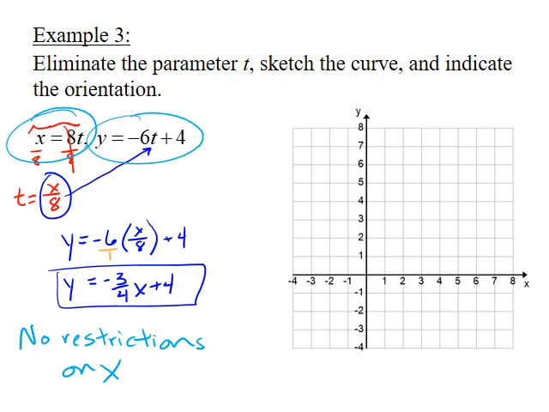So this line will extend forever to the left and forever to the right. So everything will be closed circles. From the y-intercept, we go down 3 to the right 4, down 3 to the right 4. Oops, sorry, that's not very straight. And the same orientation.